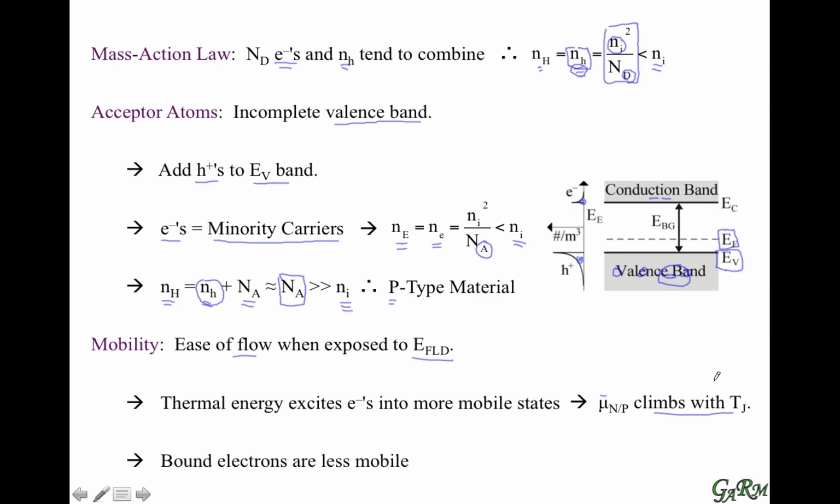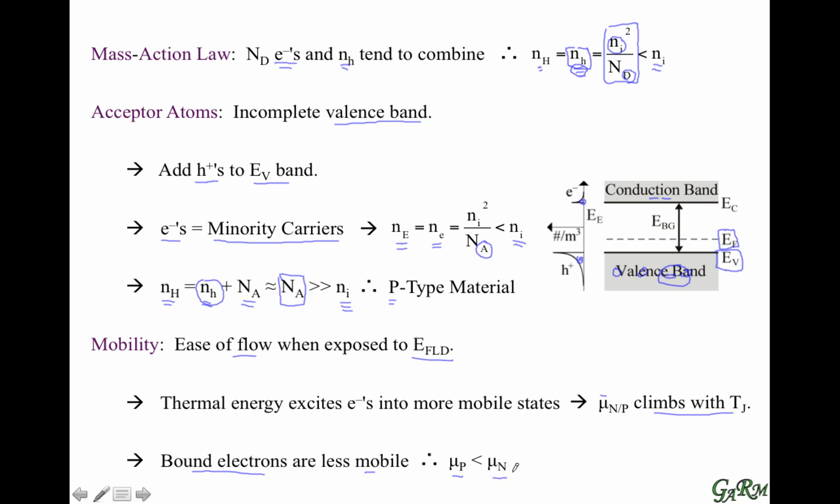The other thing that we know is that bound electrons are less mobile. So bound electrons in the valence band, when they see a hole, they move to that hole, but not with the same ease that free electrons move in the conduction band. What we're saying with this is that the mobility of holes is less than the mobility of electrons.